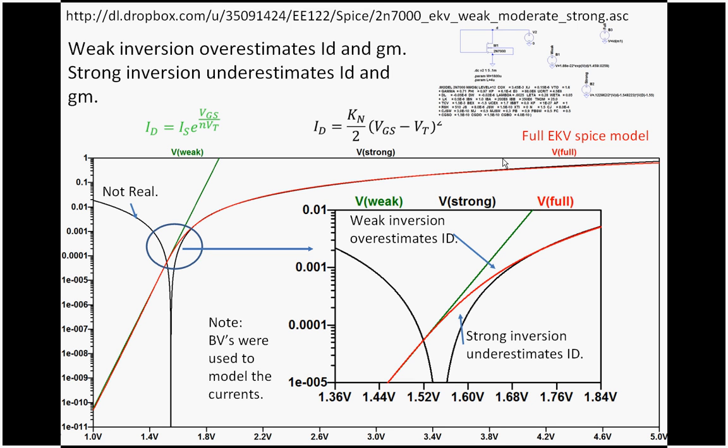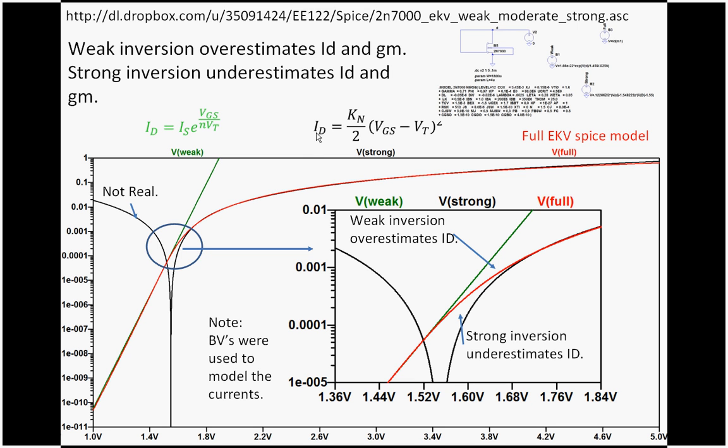You can see the red, the full model from Spice, covers weak, moderate, and strong inversion. But the green line, which is weak inversion, models the weak inversion very well. But as soon as we get into moderate or strong inversion, the green and the red are nowhere near each other, so it's not accurate.